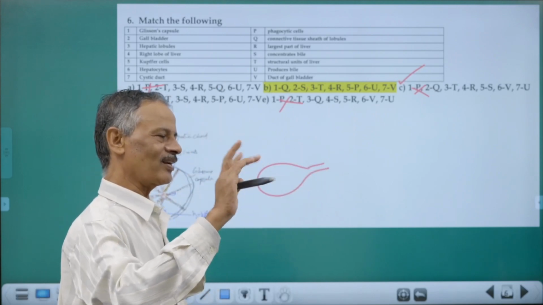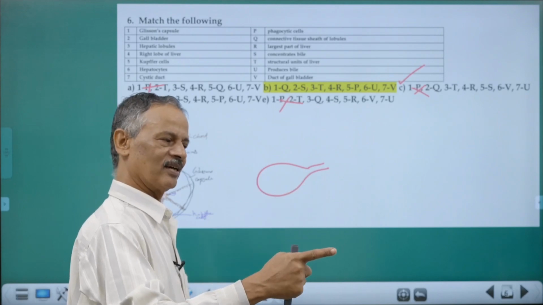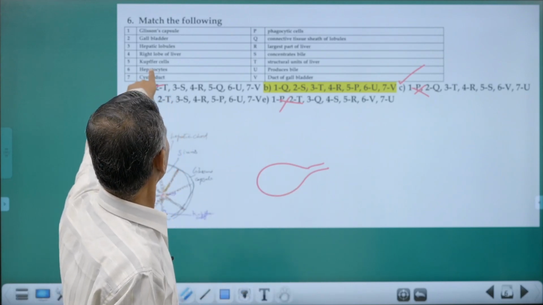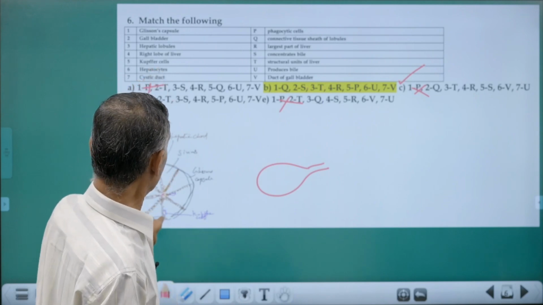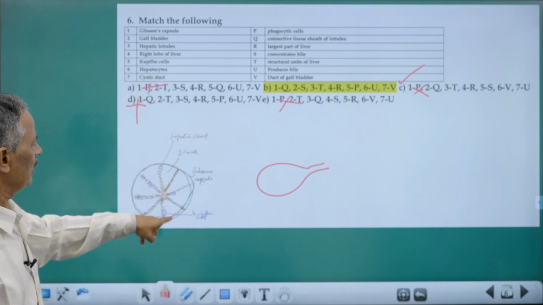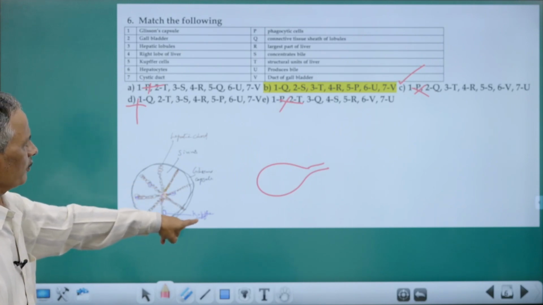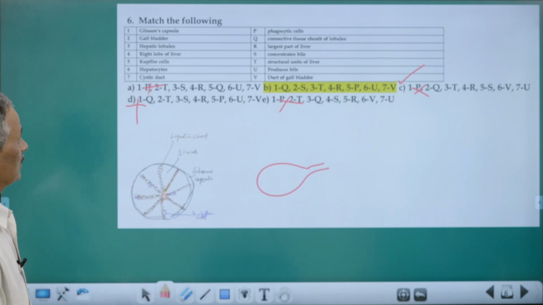Okay. If you are considering only 2, larger. The right one is larger. Okay. Largest. Kupffer cells, macrophagic cells, which are associated with the hepatic cords, are called Kupffer cells.